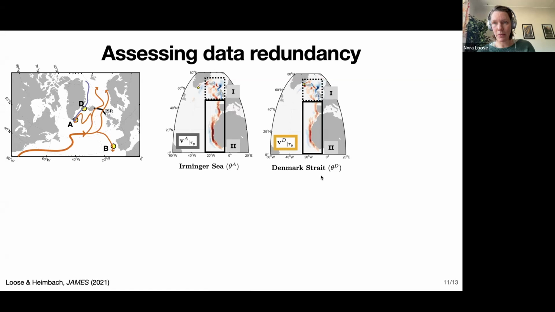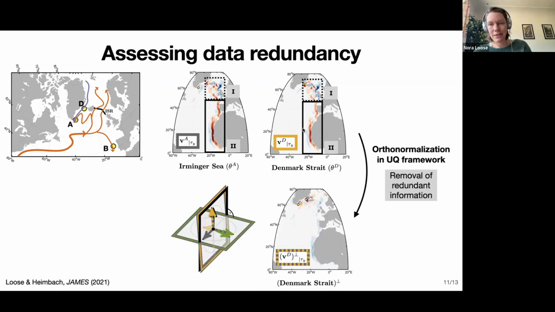And we can formally assess this data redundancy by viewing these sensitivity maps within this mathematical vector space that I mentioned on the previous slide. In this vector space, we can orthonormalize vectors, which corresponds to removing redundant information. If we do this, we get a sensitivity map like this, right?